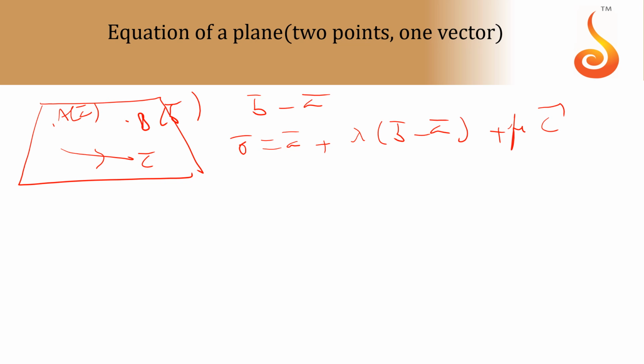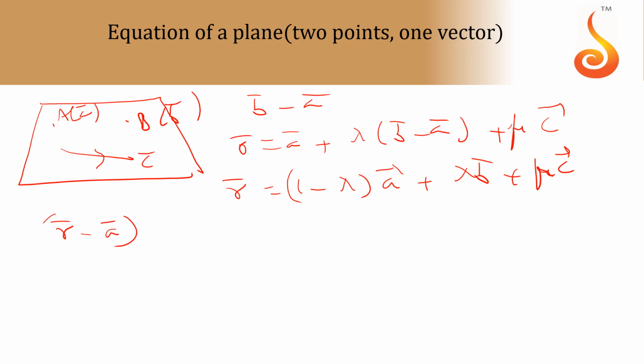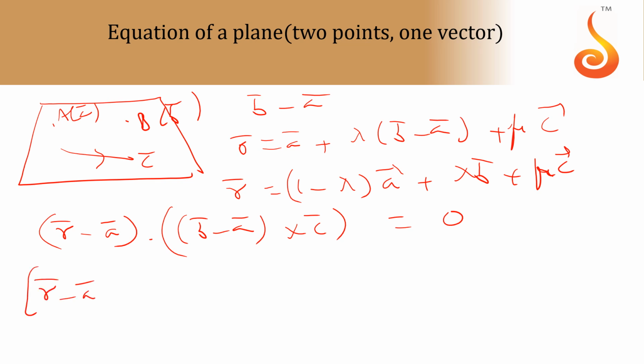I'm using the basic structure formula. So R bar equals 1 minus lambda into A bar plus lambda B bar plus mu C bar. Or you can say that R bar minus A bar is a vector and B bar minus A bar cross C bar is a vector which is perpendicular to the plane. This dot product must be 0. It is nothing but box of R bar minus A bar, B bar minus A bar, C bar must be 0.